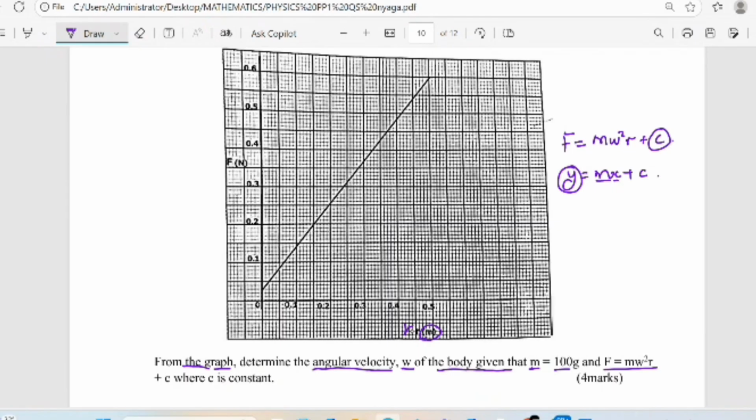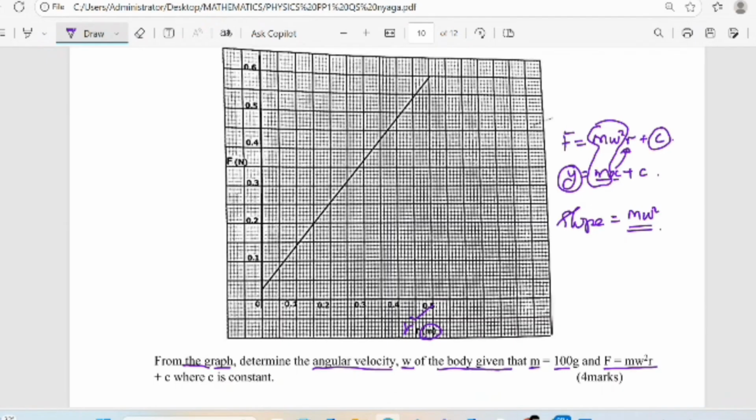In our x-axis, we can see we are given the r. So we can say our r stands for x, and then m omega squared stands for our gradient. So our slope is equal to m omega squared.